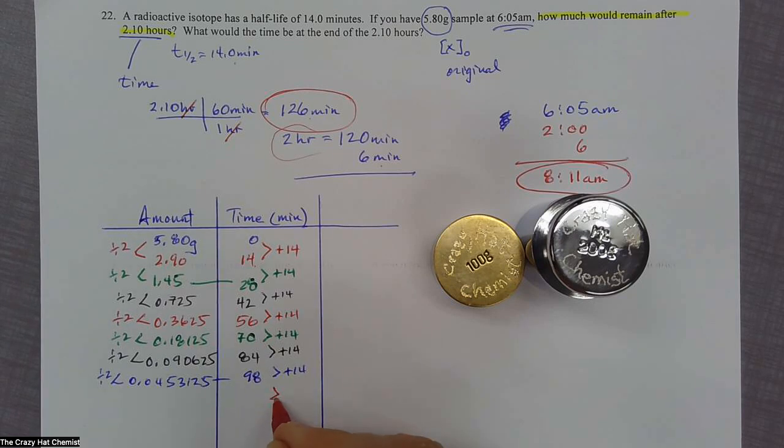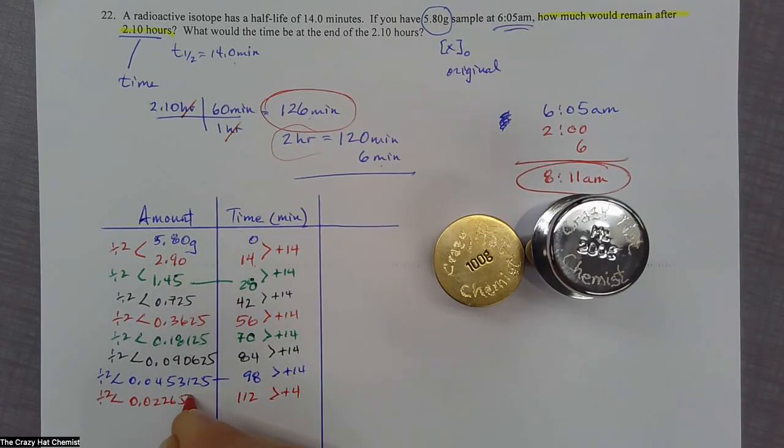And then we're going to add 14 again and divide by 2 again. Oh, yes, that's right. And what do we get? 112 minutes. We're getting closer. 0.02265625.